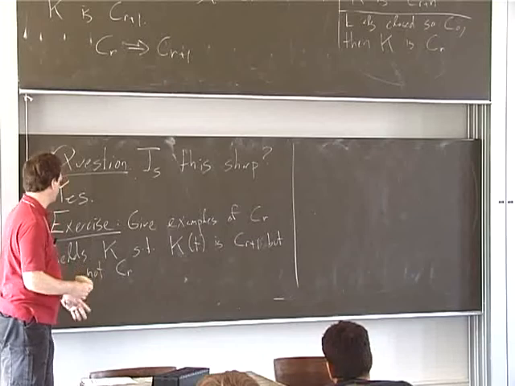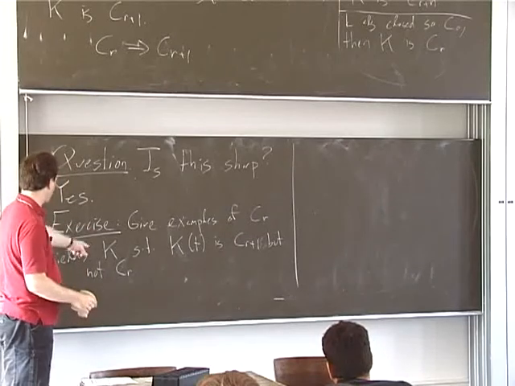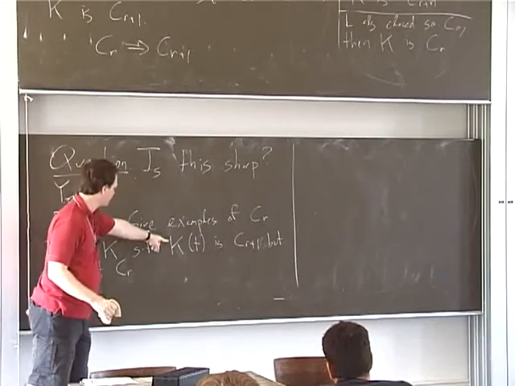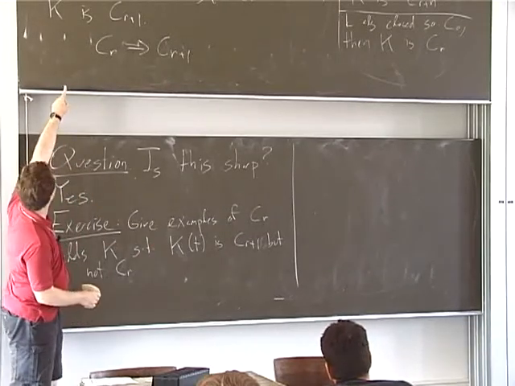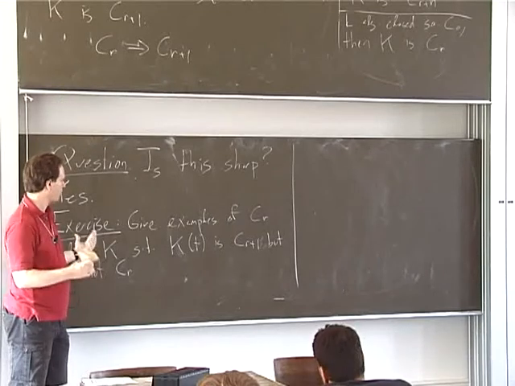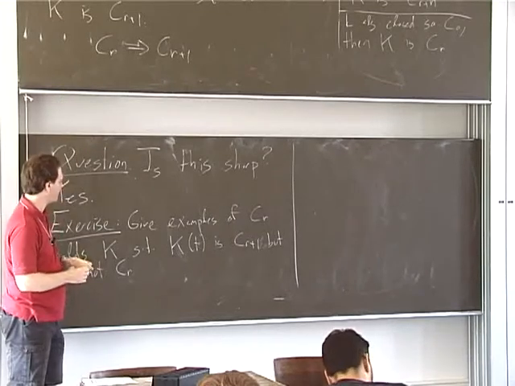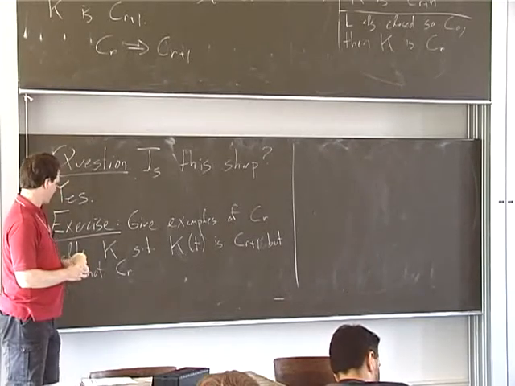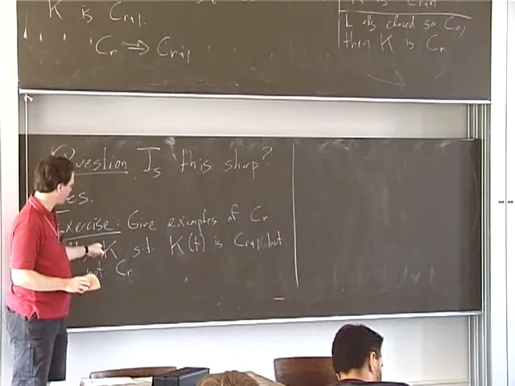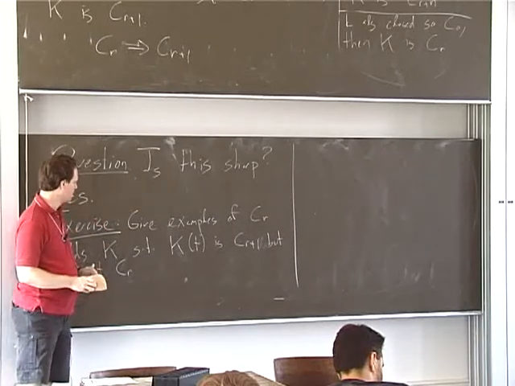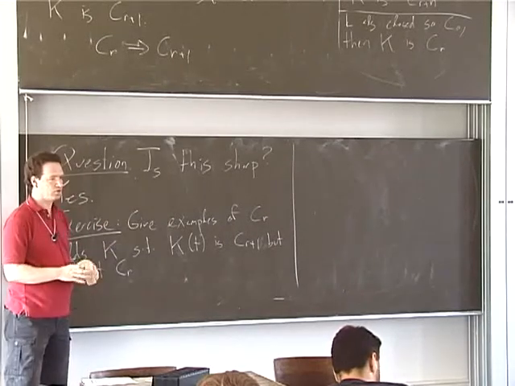Right, exactly. So you should give examples of C_R fields K such that K(T) is not C_R. From the Tsen–Lang theorem, K(T) is C_{R+1}. That's what the Tsen–Lang theorem says. But there do exist fields K which are C_R, but such that K(T) is not C_R.